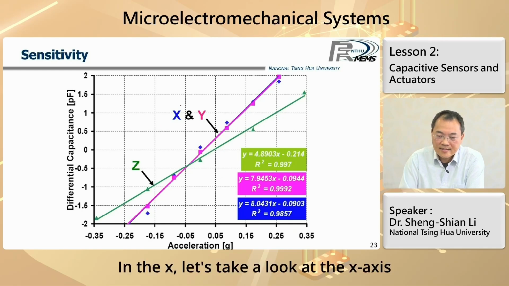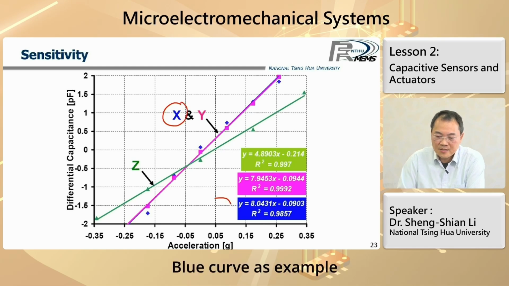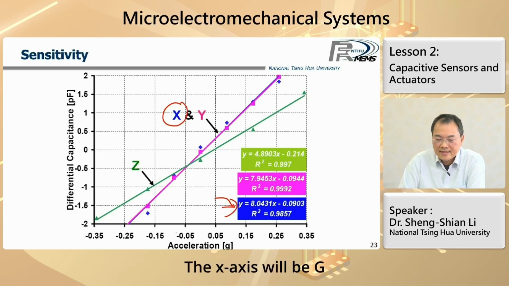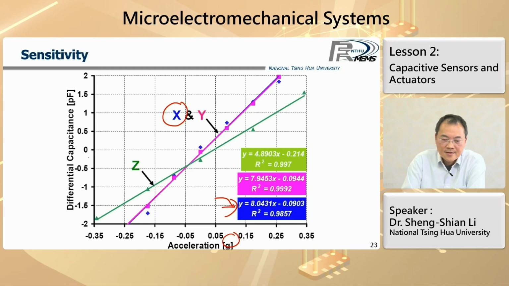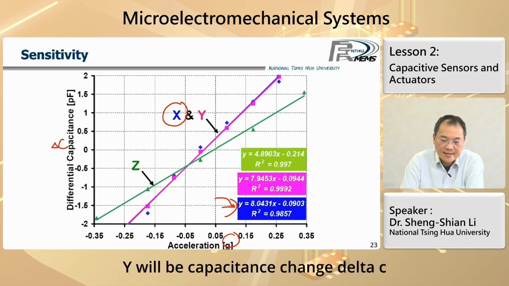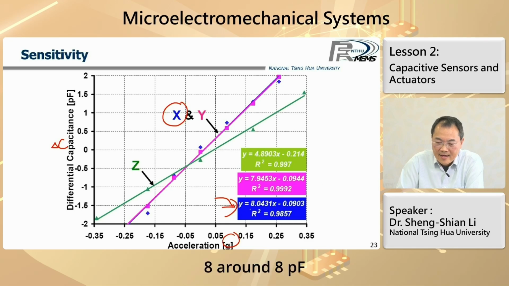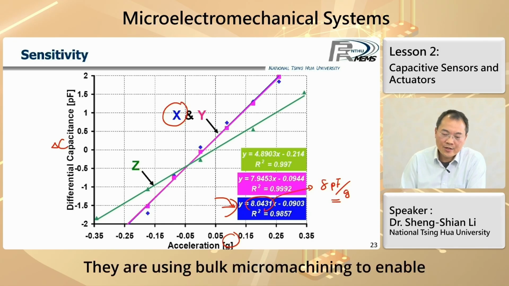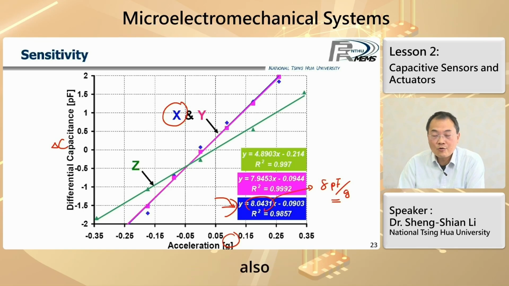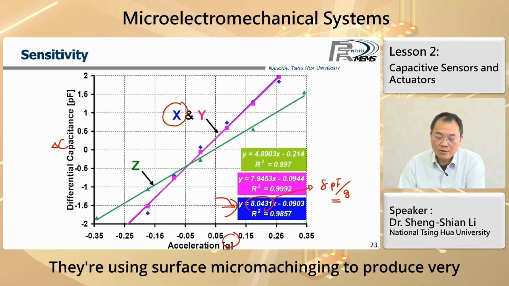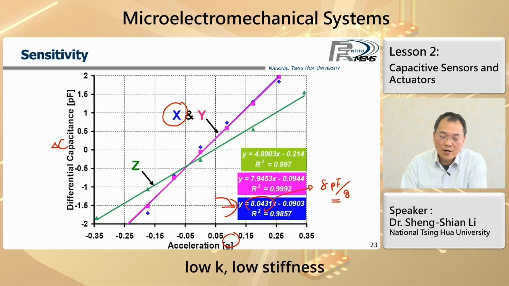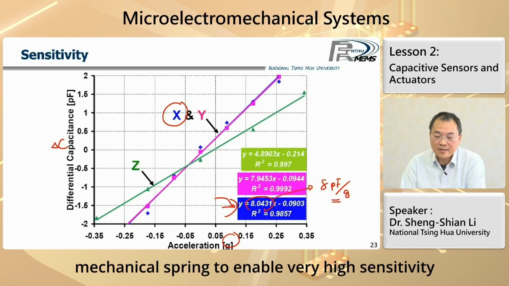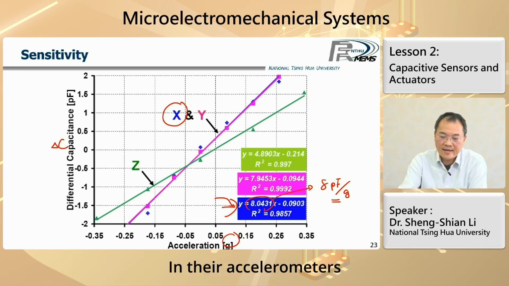On the X-axis, blue curve, the X-axis will be G tested, and Y will be capacitance change, delta C. You can see that around a picofarad per G is really high. Due to what? They use bulk micromachining to enable a huge proof mass, and surface micromachining to produce a very low K, low stiffness mechanical spring, to enable very high sensitivity in their accelerometers.